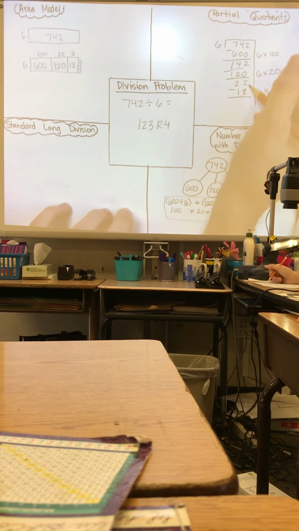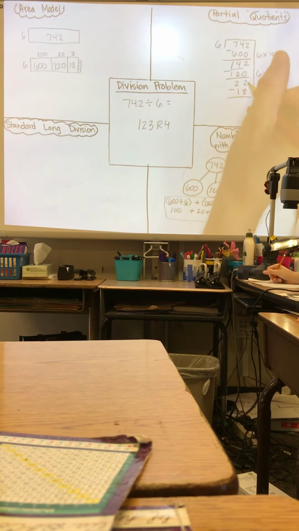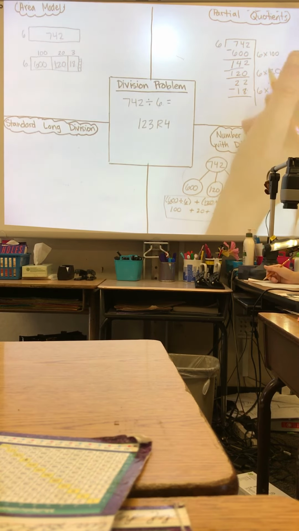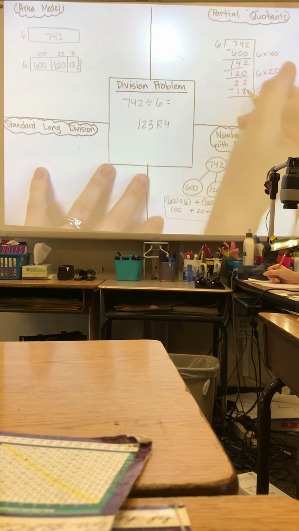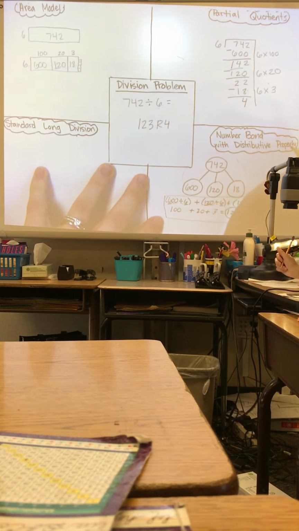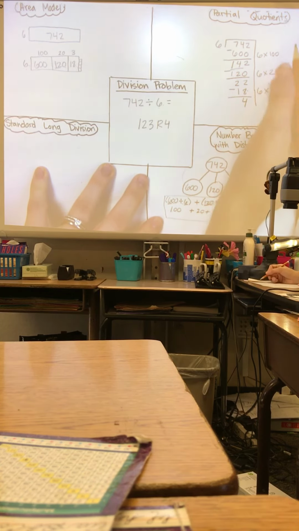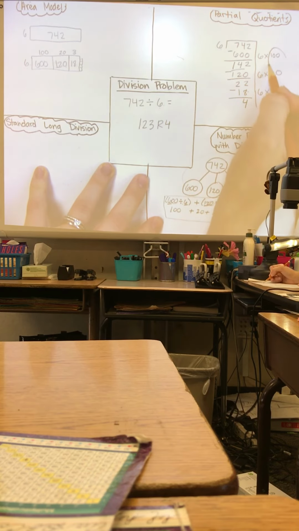Then I'm going to subtract. Rather than doing regrouping, I'm going to put that number in my head, 18, and I'm going to count up. 18 and 2 more would make 20. Adding 2 more would make 22, so I know 2 plus 2 is 4. So 22 subtract 18 equals 4. Now I come over here to my partial quotients and I circle them.